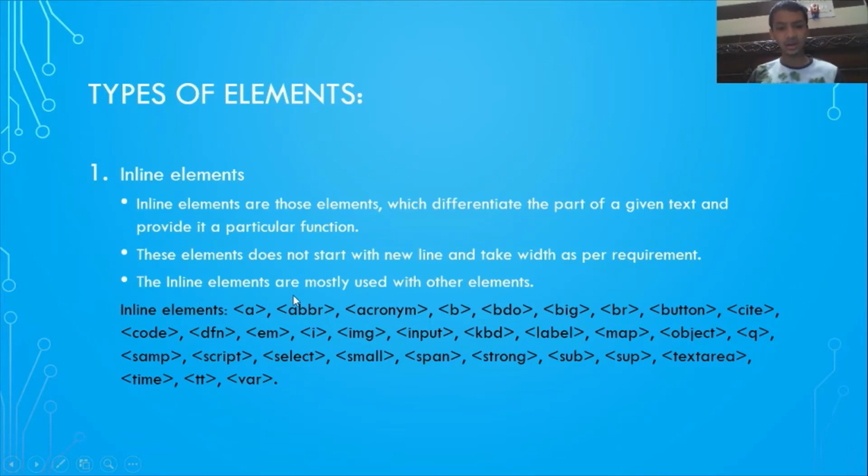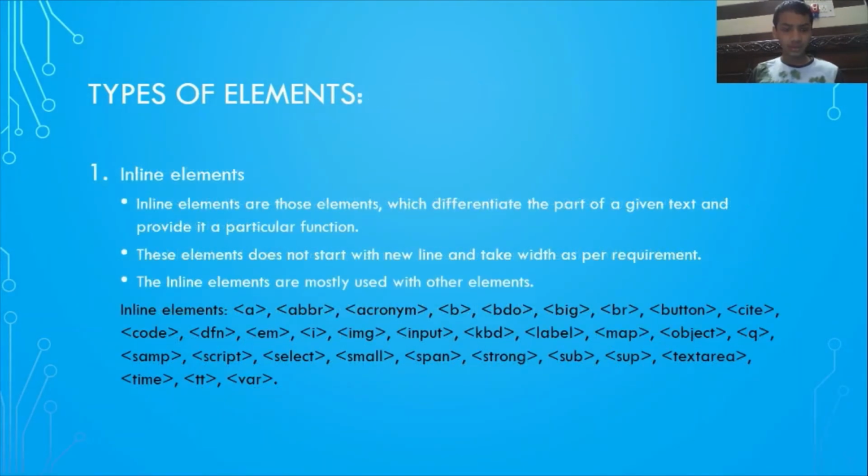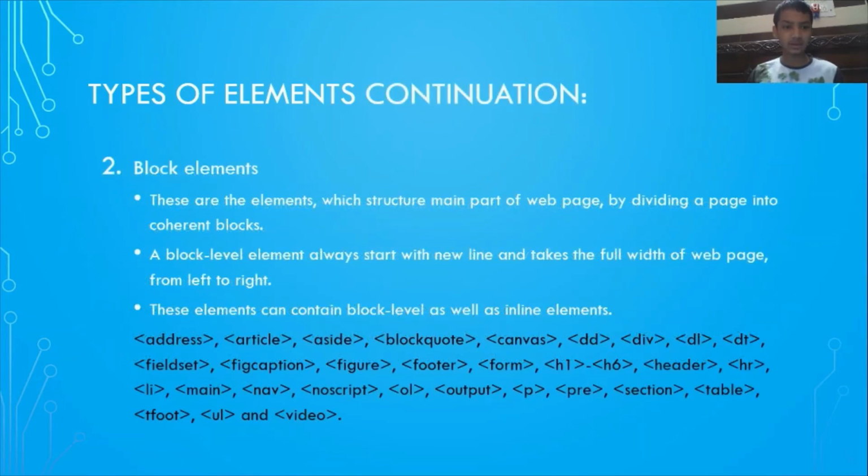The inline elements are mostly used with other elements, like if you put one of these tags and then put another tag of one of these, then it will not start a new line, but in block elements it happens the opposite.